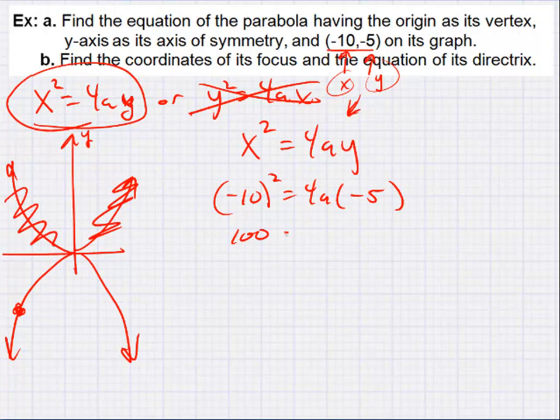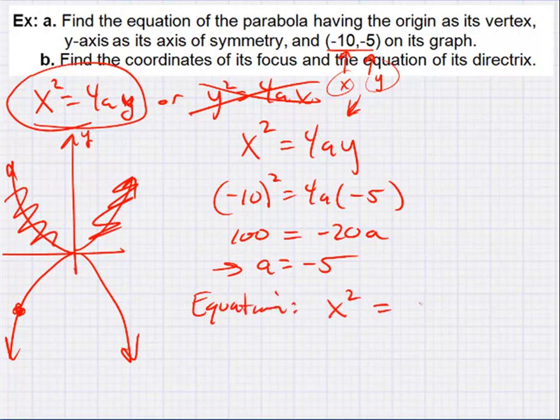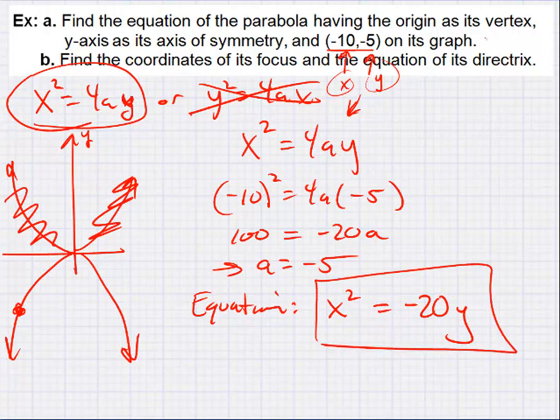So 100 equals negative 20a. So a equals negative 5. Once I have a, then my equation is x squared equals negative 20y. That's 4ay. So that's the equation of the parabola in this problem.